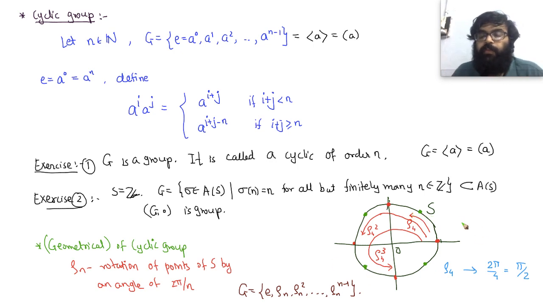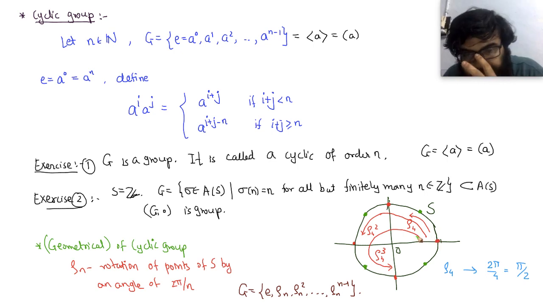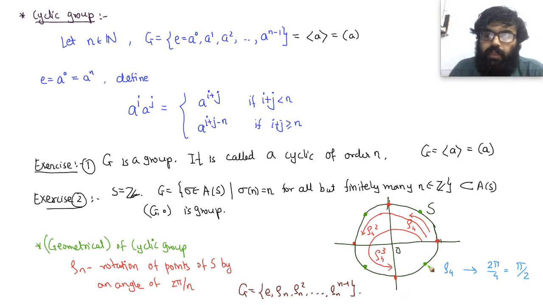Then we have a group of 4 elements: identity, that is no rotation at all, 90-degree rotation, 180-degree rotation, 270-degree rotation, and then again identity. So this is a cyclic group, just geometrical. It maps points of S to points of S by just rotations. So these are the two exercises, and finally let us do some more elementary exercises.